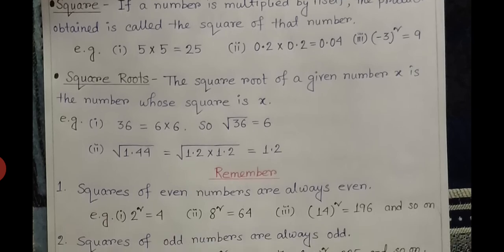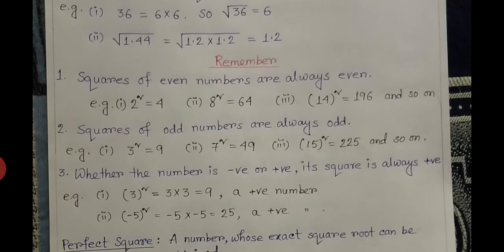Square root means if a number x is multiplied by itself and we get a product something like 36, here 6 is the square root.